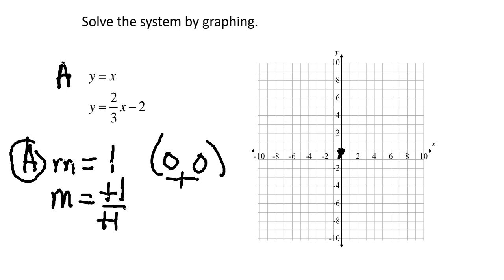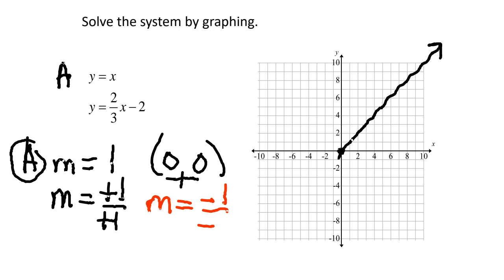Well, that's going to give me here. Well, notice that's sending my graph in this direction. But I've got to look at the slope that goes the opposite, which means my slope is a negative 1 over negative 1.